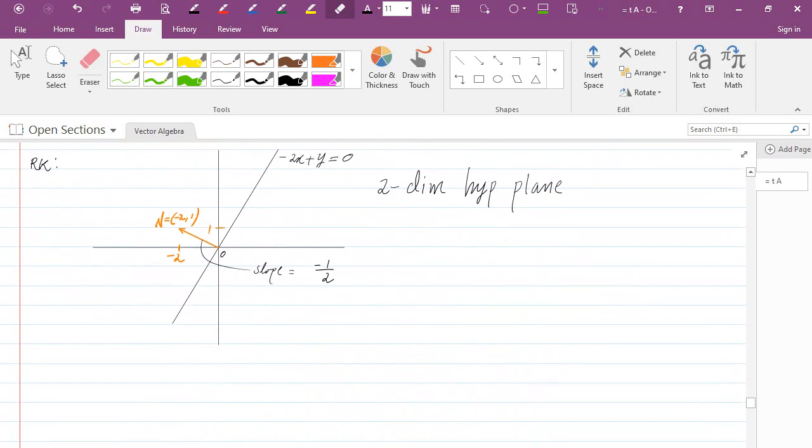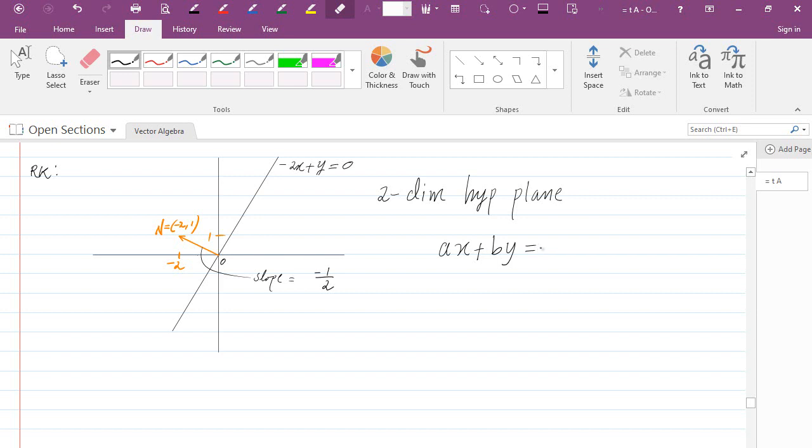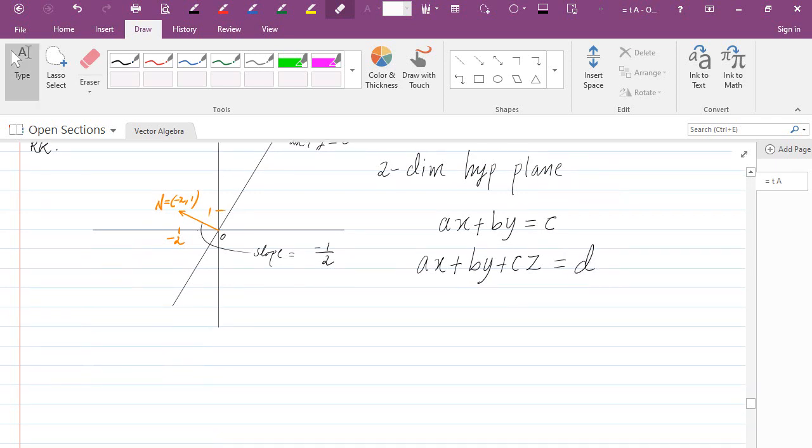So notice that in dimension 2 we have a linear equation like this. This is a straight line. In dimension 3 we have a linear equation, ax plus by plus cz is equal to d. That's a plane.